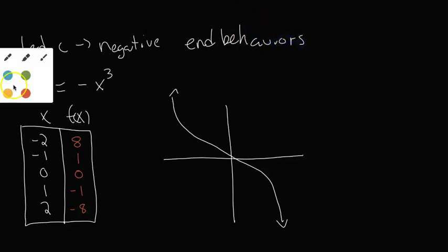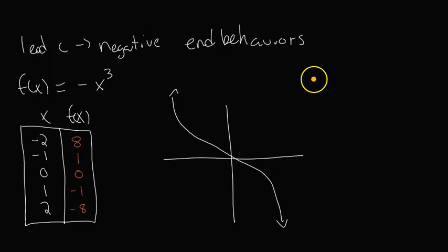We can see that these ones are going to be down and up, meaning that as I'm approaching x towards infinity, I'm going down towards negative infinity. And as I'm approaching x towards negative infinity, I'm resulting in a positive infinity.